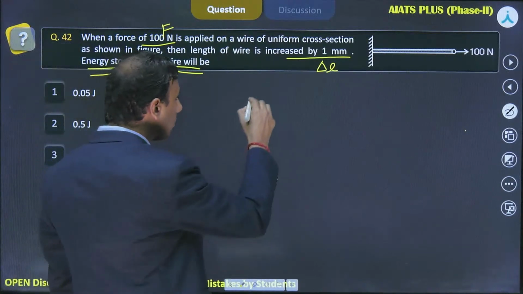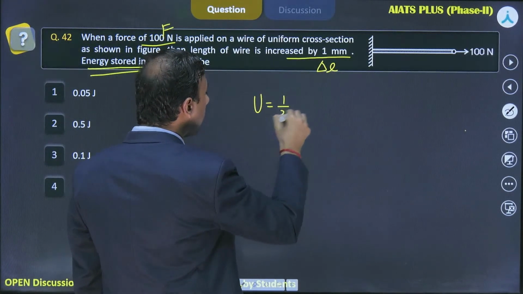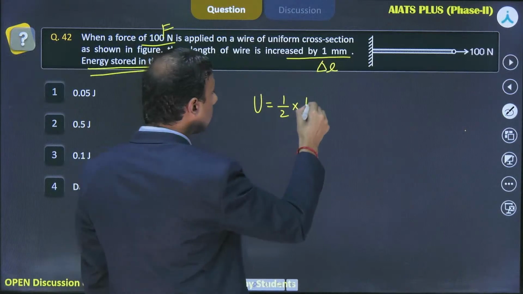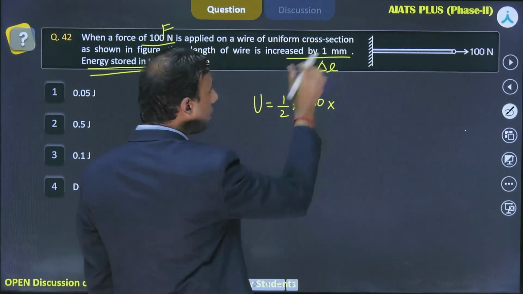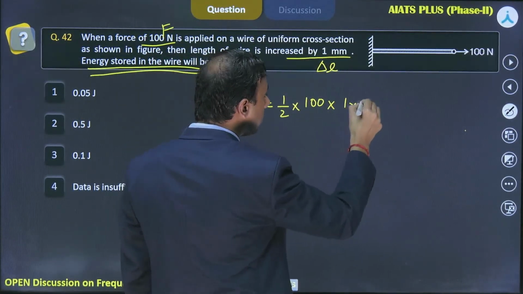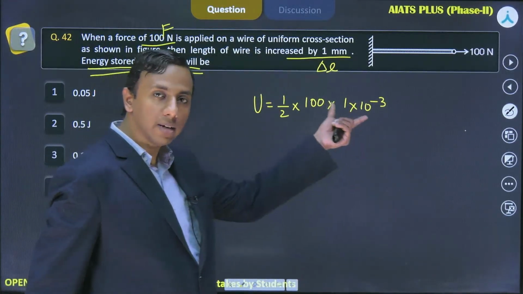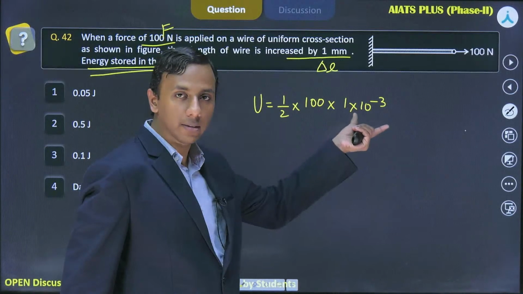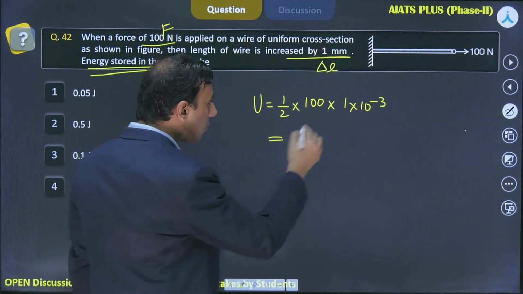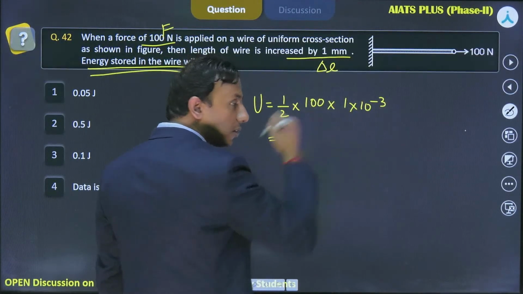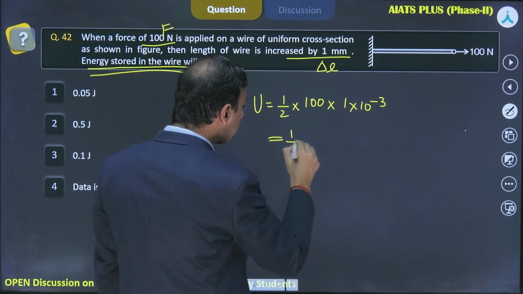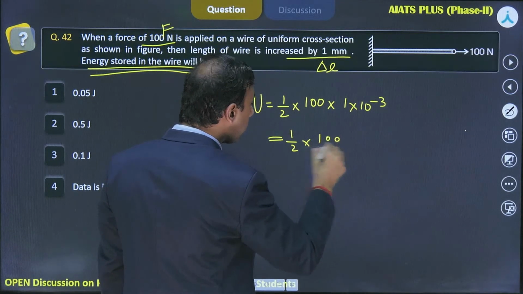So let's find out the energy stored. Half into F, which is 100, into delta L, which is 1 millimeter. 1 millimeter in SI unit can be written as 10 power minus 3 meter, so you have to write in SI unit. This is 1 by 1000, so this is 1 by 2 into 100 by 1000.